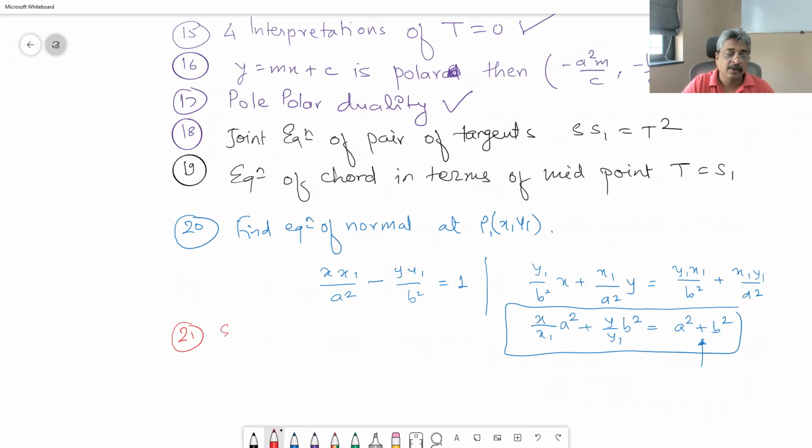P theta, equation of normal at P theta. What you are supposed to replace here is x1 by a sec theta, so ax plus by upon tan theta is equal to a square plus b square.